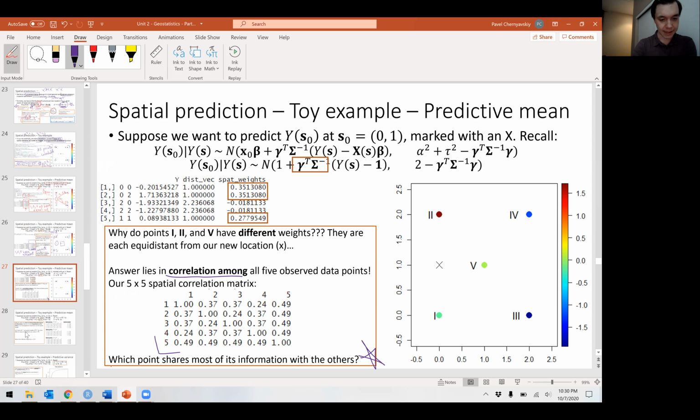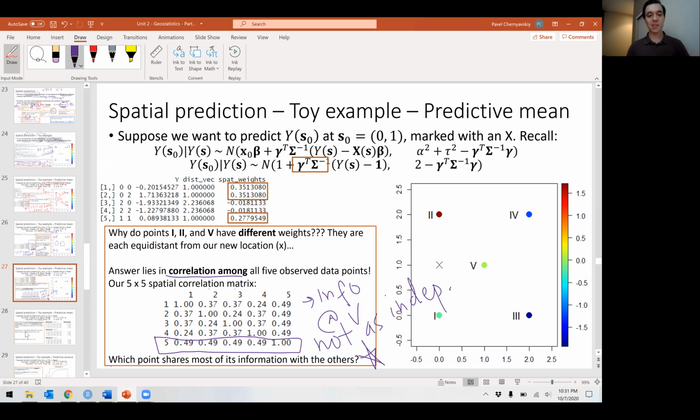Why, it is absolutely point number 5. Point number 5 is most correlated with the other 4 points. So the information at number 5 is not as independent as elsewhere.